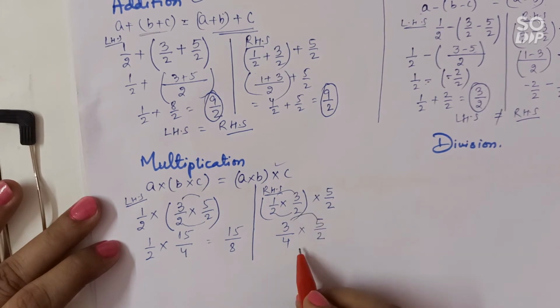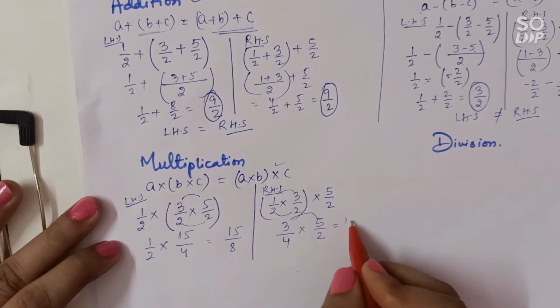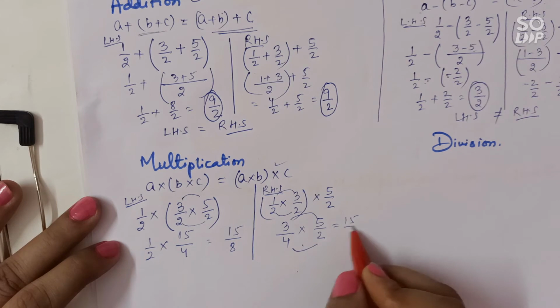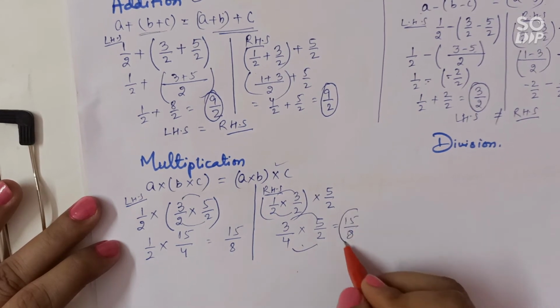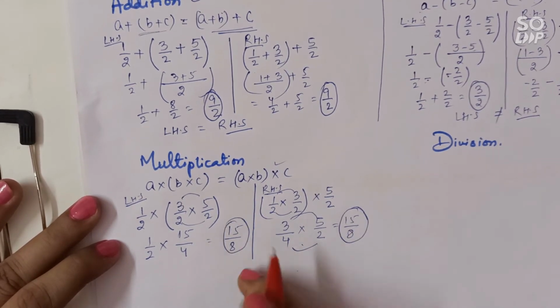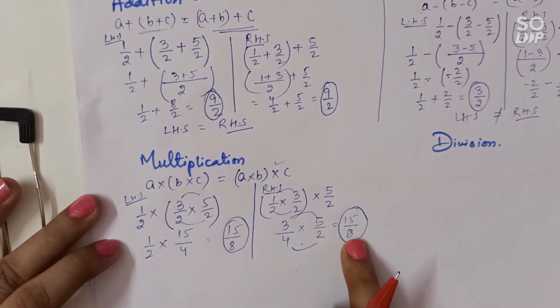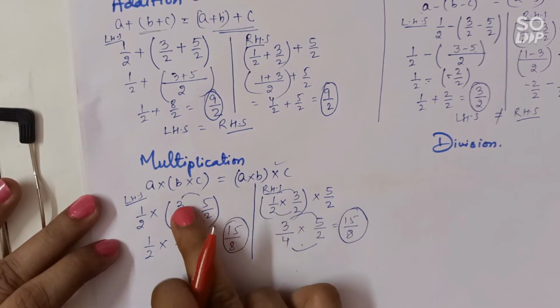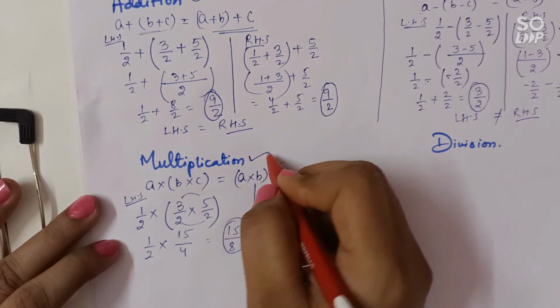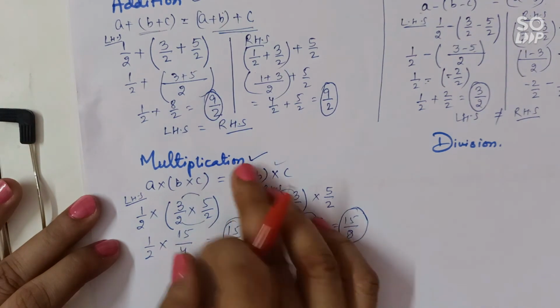So 5 3s are 15 and 4 2s are 8. Yes, I got the same answer. It's 15 by 8 over here also and 15 by 8 over here. So there is no change in my result even if I am changing the groups in addition and multiplication.